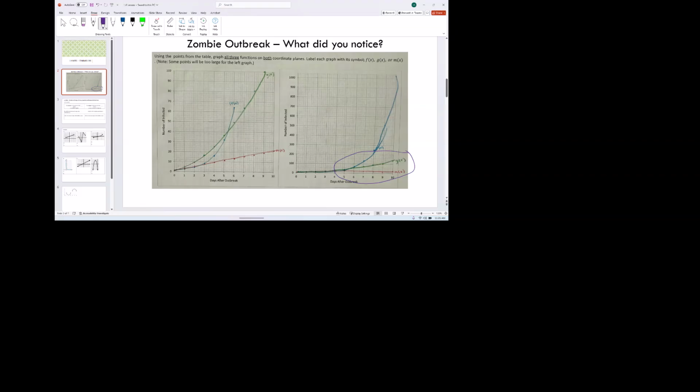So we are going to continue talking about function types, but we are going to kind of take a break, a side step here, and we are going to review domain and range. So raise your hand if you remember those words, domain and range. Yes, okay. So today we're really going to practice identifying the domain and range from a graph. That's what we are going to focus on today.